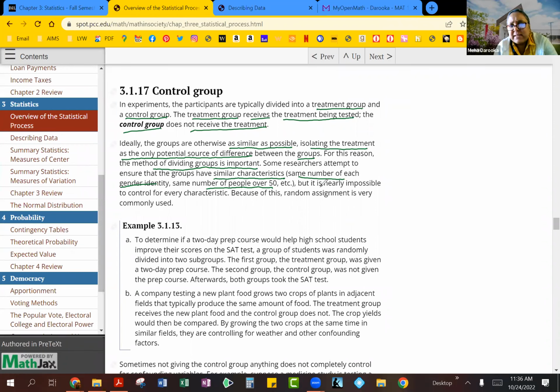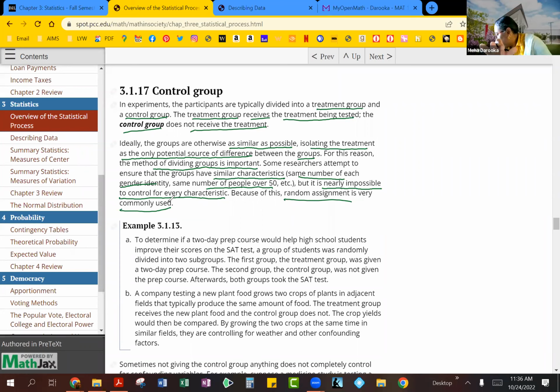But they are also telling us it can be nearly impossible to control every characteristic, right? Every part of your group. So the idea is to try to keep it as similar as you can, but also randomness can help you in that case, right? So try to keep your subjects as random as you possibly can, and that can also help you avoid some of these confounding variables showing up.